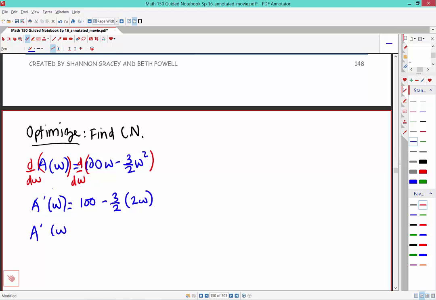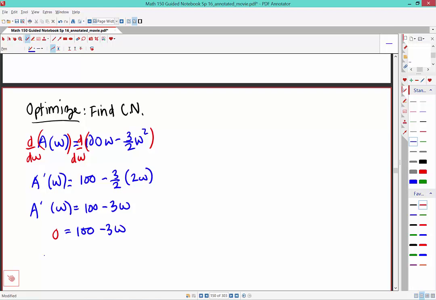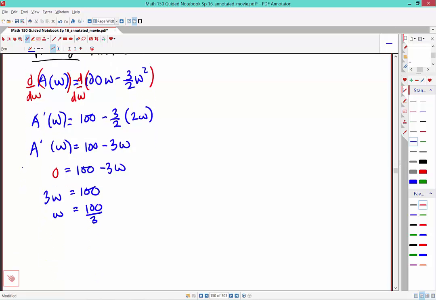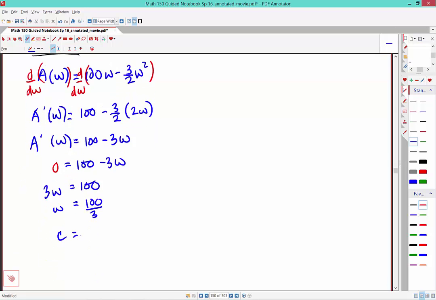So A prime at W is 100 minus 3W. Good so far? Awesome. So finding the zeros of this, we'll get 0 is 100 minus 3W. 3W is 100. So W is 100/3. And we can now say that this critical number is 100/3 because it falls within 0 and 200/3.